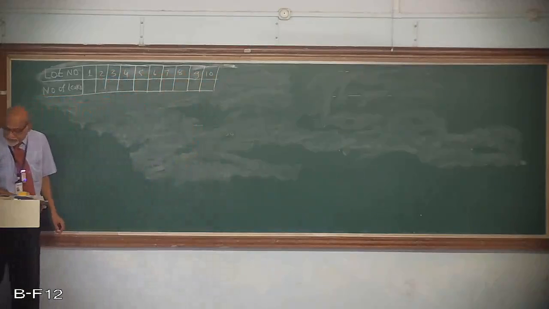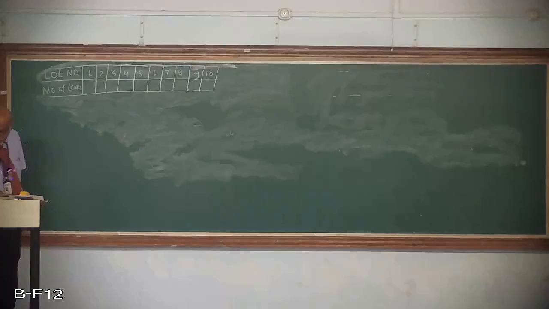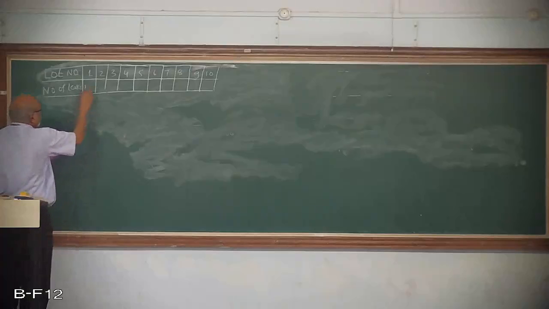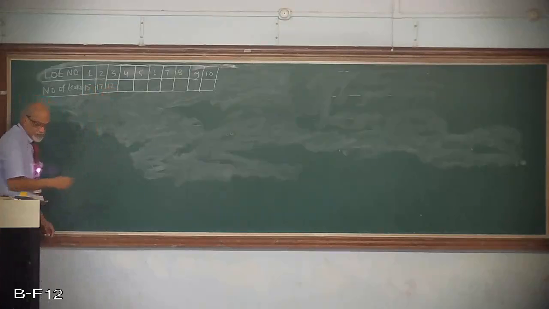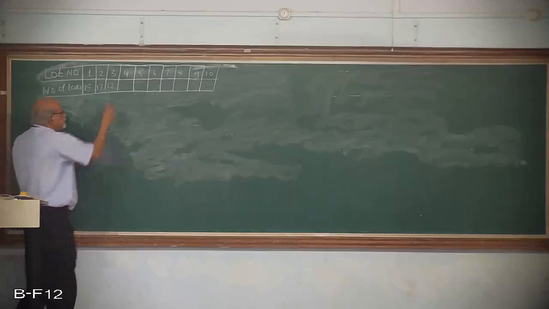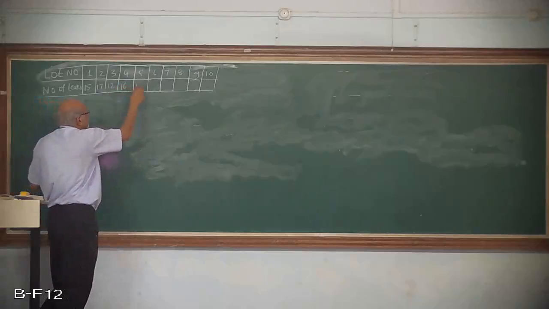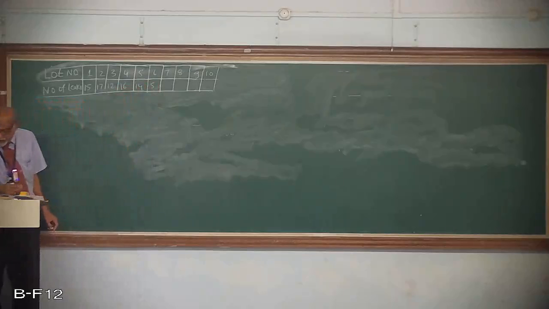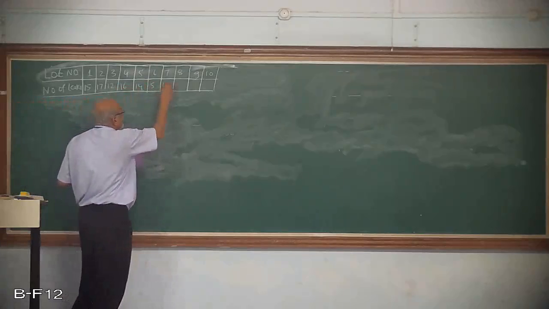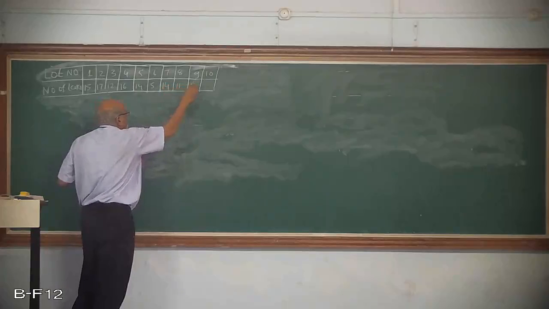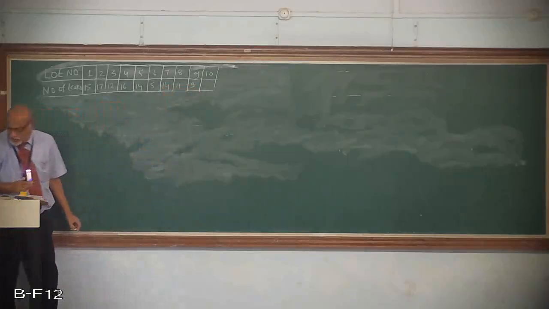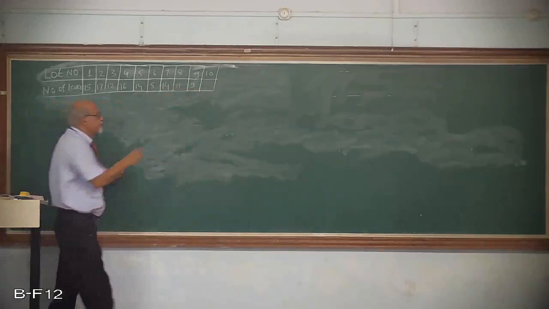So the number of leaks: first lot 15, 17, 12, 16, 14, 5, 14, 11, 9, and 10.